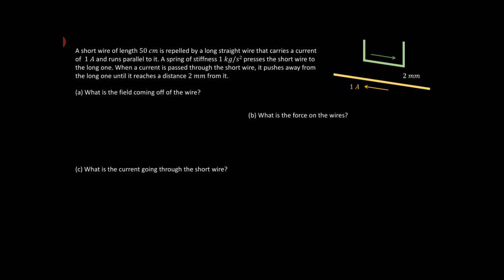We've got one wire that we know what its current is, another wire that we don't know what the current is, but we know how far it's been pushed up. So it's connected here by springs. There's a spring here and there's a spring here. I just didn't feel like trying to figure out how to draw those because it's a lot of extra time. So we want to find this current here.